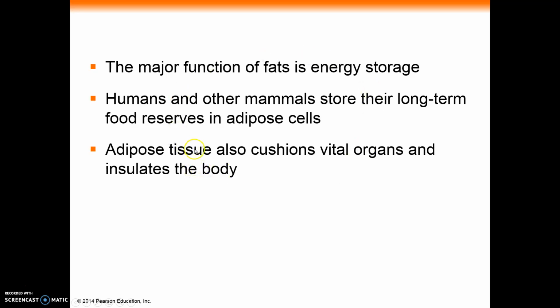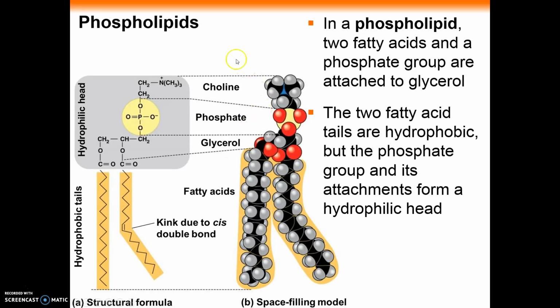So triglycerides are one group of lipids. The next group is something that we call phospholipids. Structurally, this is very related in that we have a central glycerol molecule that has two fatty acid chains. Now, instead of having a third fatty acid on the third carbon in glycerol, we instead attach a phosphate group, and then we can attach something else to the top.